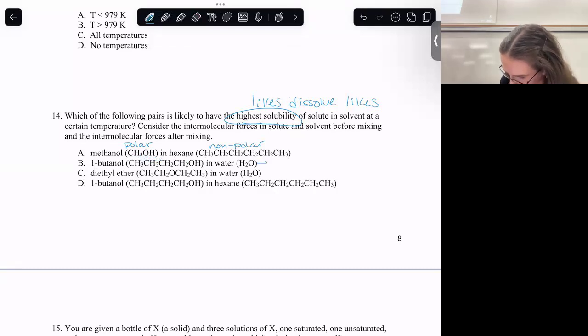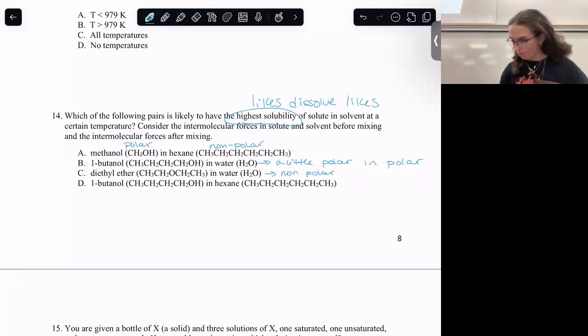Wait, we're going to say this is a little polar. In what? What's H2O? Polar. We have diethyl ether, which is pretty non-polar, in water, polar.